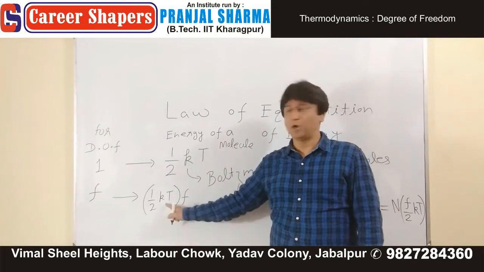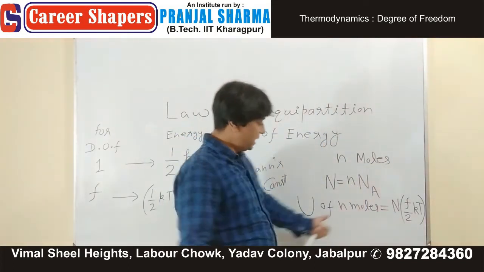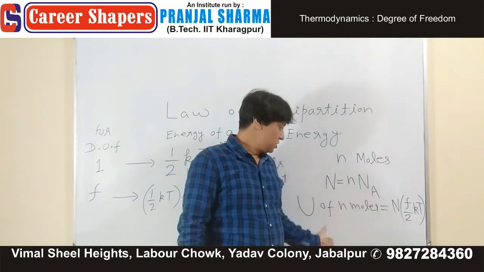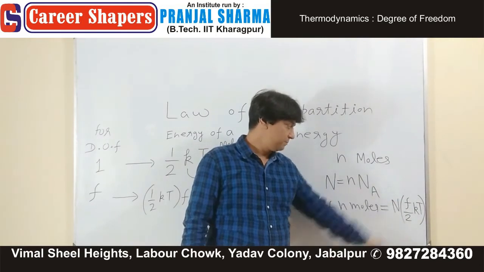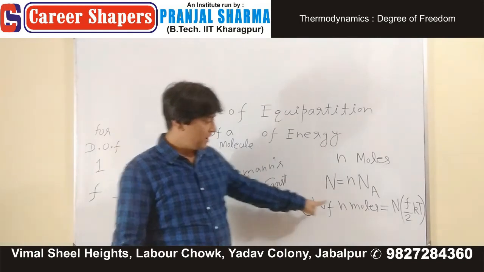Energy of a single molecule for all its degrees of freedom is F by 2 kT. There are n number of molecules in n moles. So energy of n moles is n into F by 2 kT. This is energy of n moles.